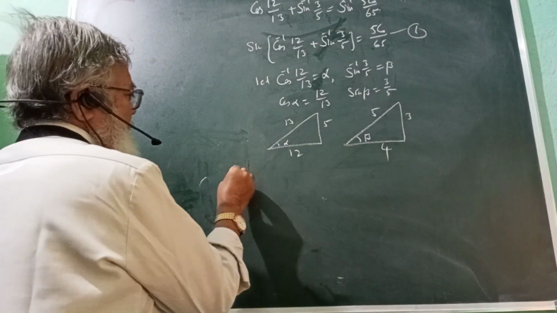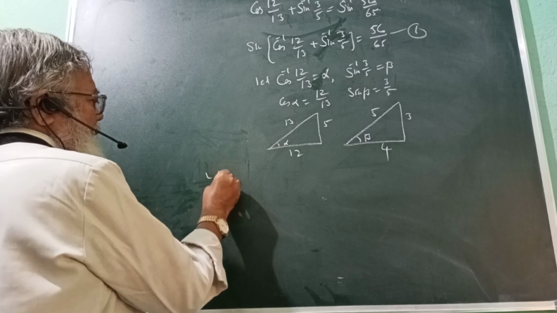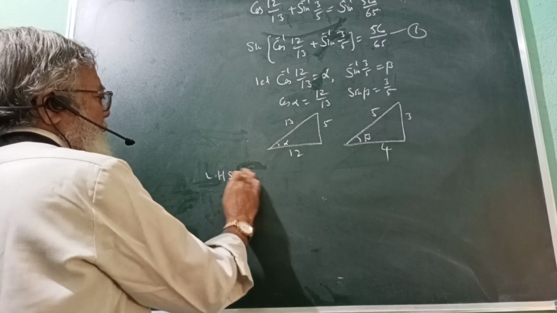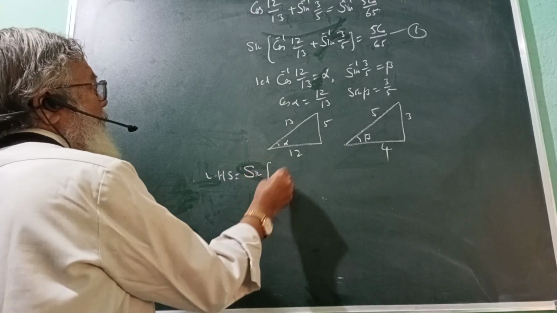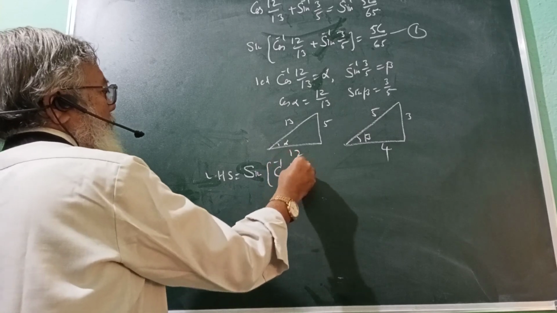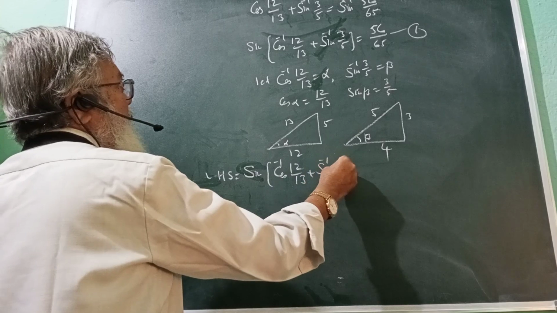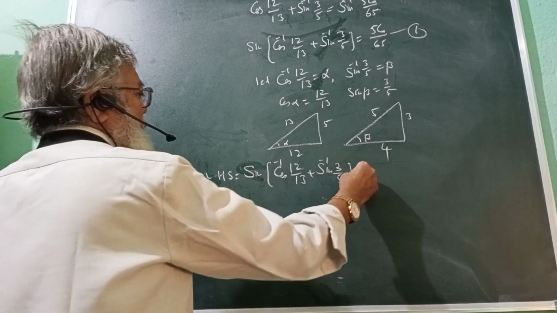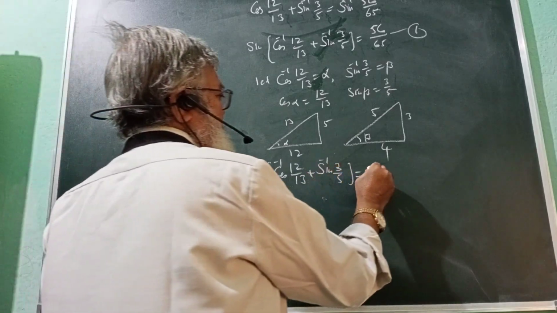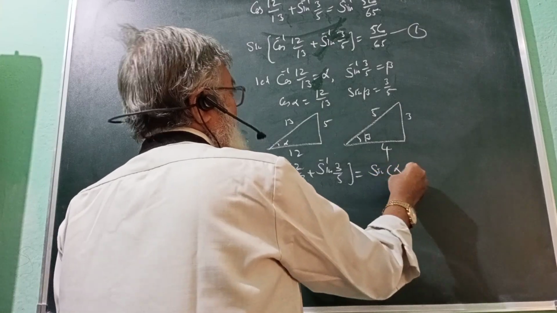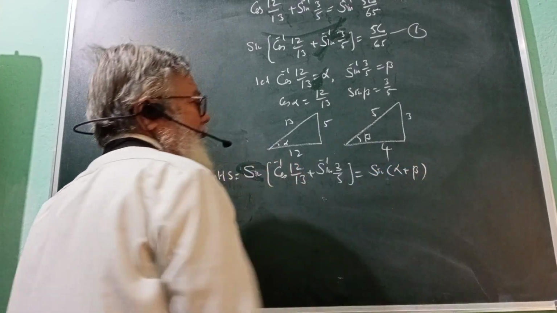Then let us take the left hand side. That is, the left hand side is given by sine of (cos inverse 12 by 13 plus sine inverse of 3 by 5). This is nothing but, according to our supposition, sine of alpha plus beta.